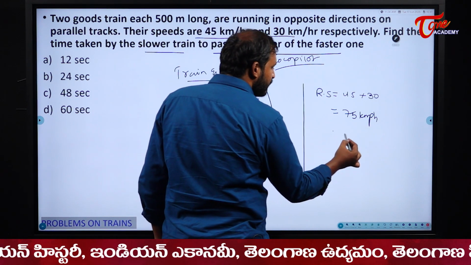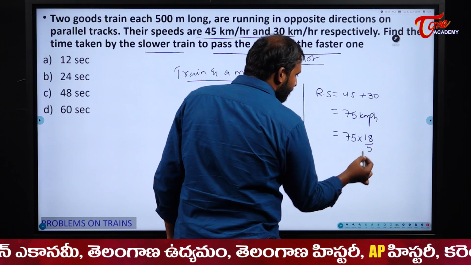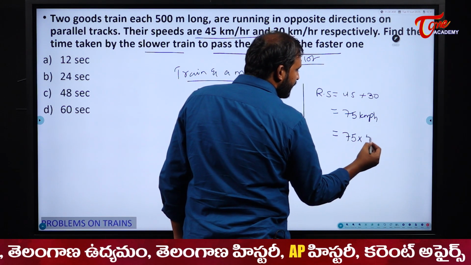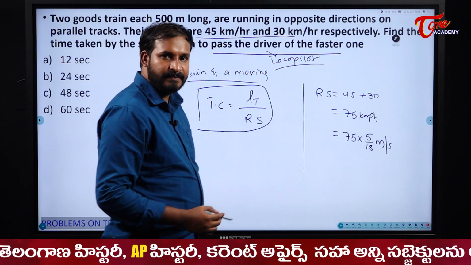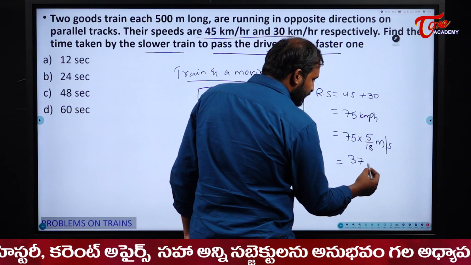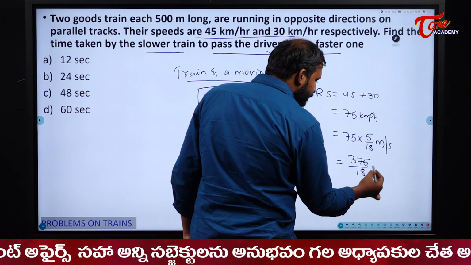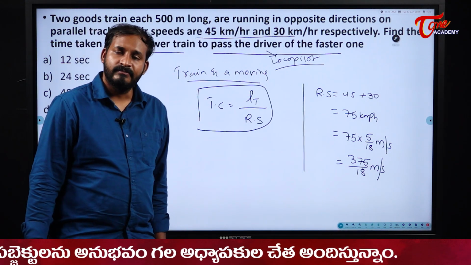So 75 into 5 by 18 meters per second. 75 fives are 375, so it becomes 375 by 18 meters per second.